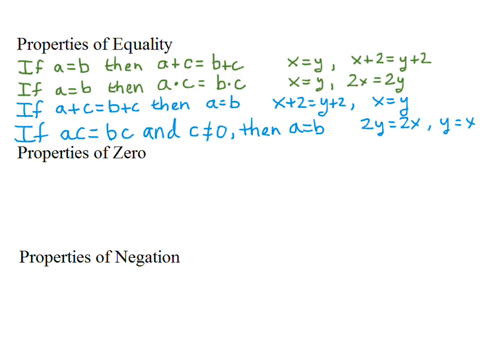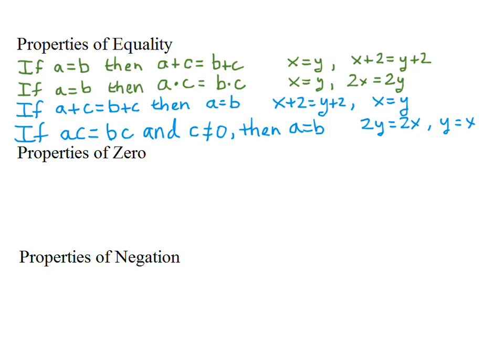So in other words, you can add or subtract anything from either side. You can multiply anything to both sides of the equation, and we get an equivalence. The one difference, in this rule, is that if AC equals BC, C cannot be 0. It would be true that 3 times 0 equals 4 times 0.